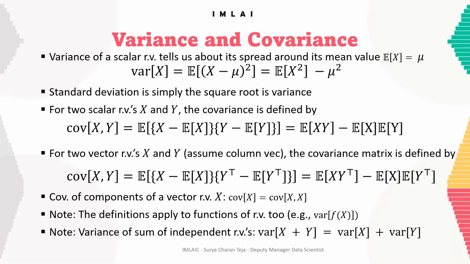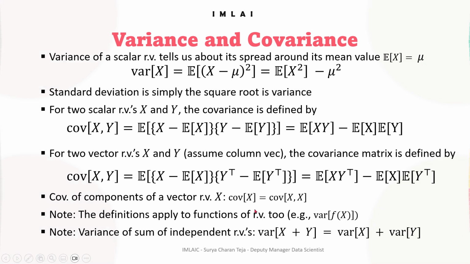Covariance of components of a vector random variable x: if you want to measure the covariance of components of a vector, maybe the first component or second component, then you can directly use covariance of x is equal to covariance of x comma x. Note the definitions apply to functions of random variables too.